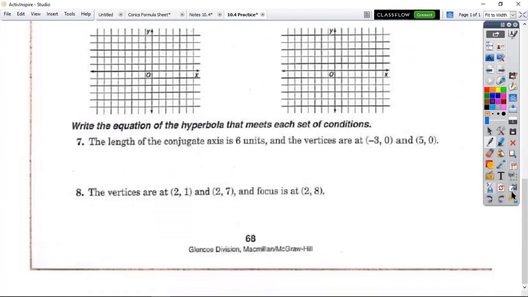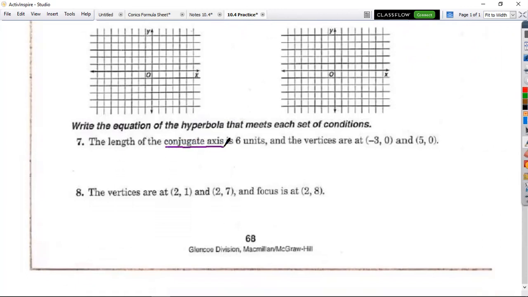All right, number 7 tells you that the length of the conjugate axis is 6. You wrote down a little formula on your note sheet that conjugate axis is always 2b. So 2b is equal to 6, which indicates that your b is 3.